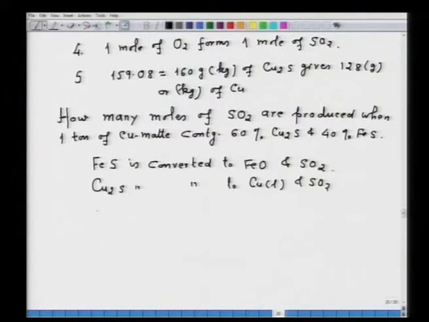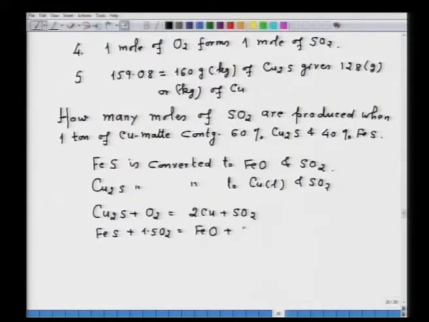Now, for a 1 mole basis you have Cu2S plus O2 equal to 2 Cu plus SO2, and FeS plus 1.5 O2 equal to FeO plus SO2. Now, we have to substitute the different moles which are involved.